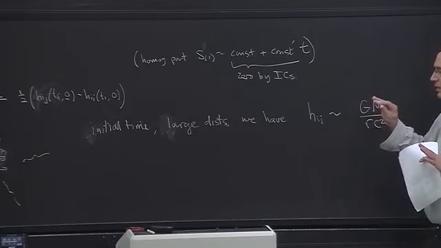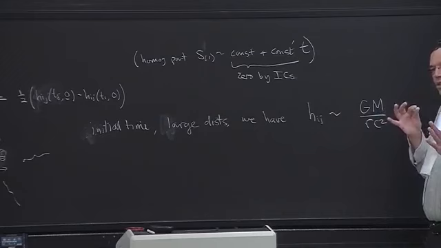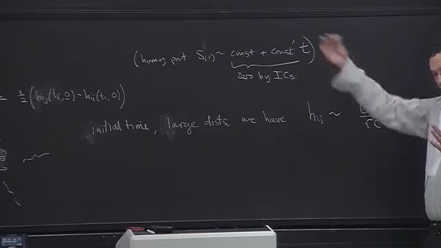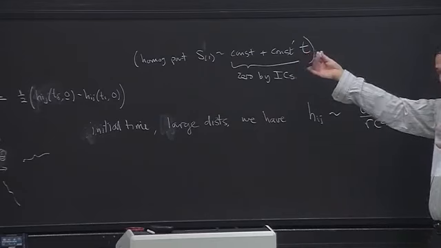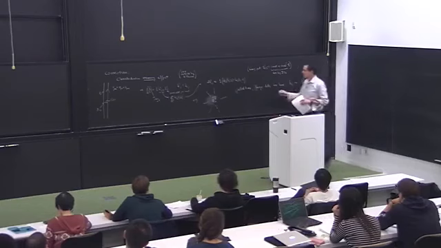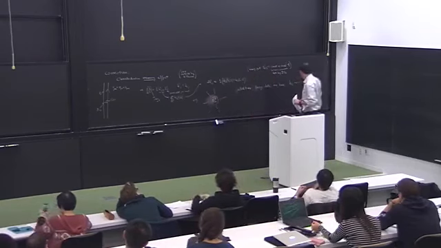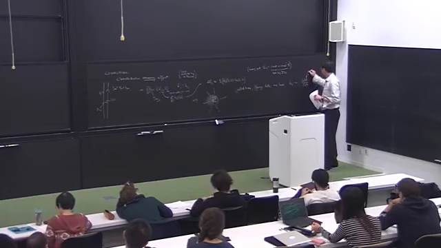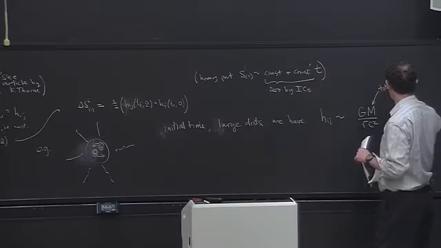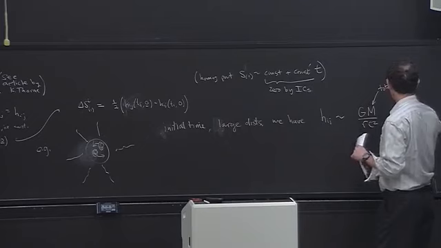So there's a static contribution to the metric, which is just the 1 over r gravitational potential. Even though this object is moving around, this is the total mass, which is related to the total energy.